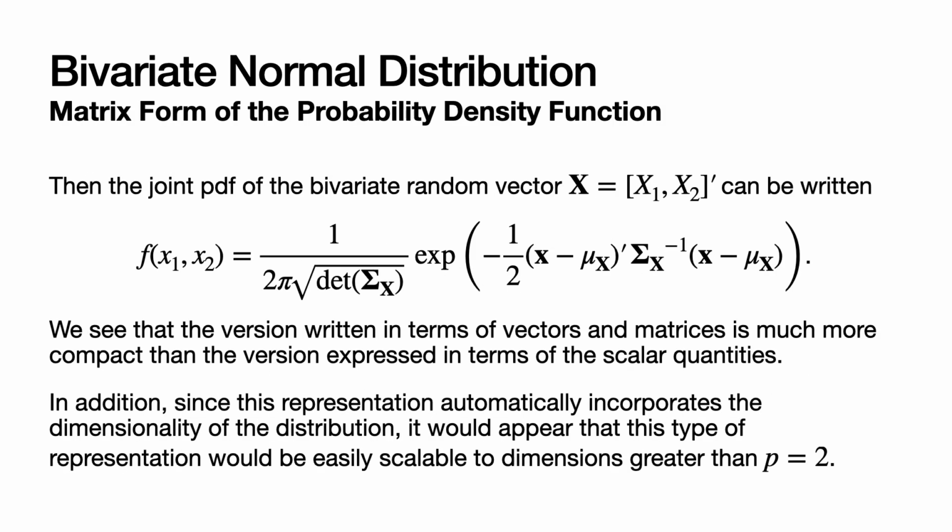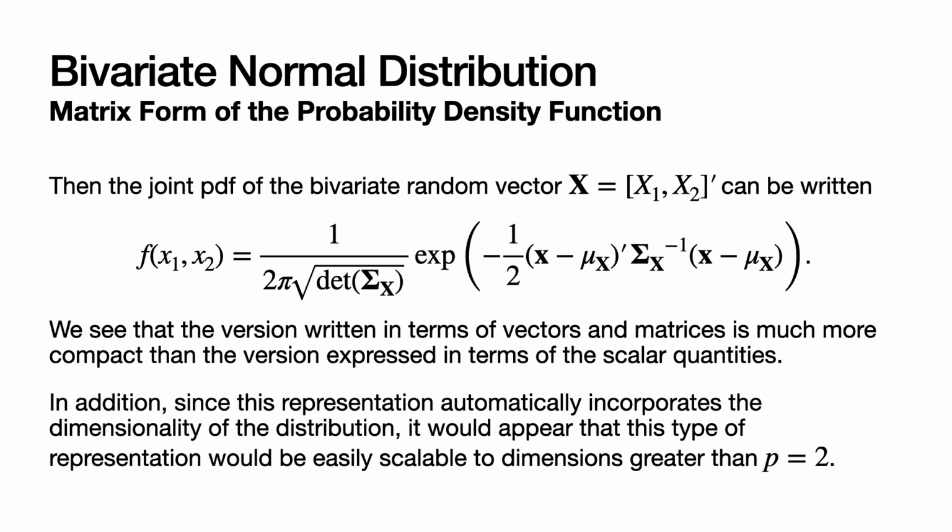Now with all that, the joint PDF of the bivariate random vector bold x, which is the 2x1 vector containing the random variables x1 and x2, can be written in the following way.